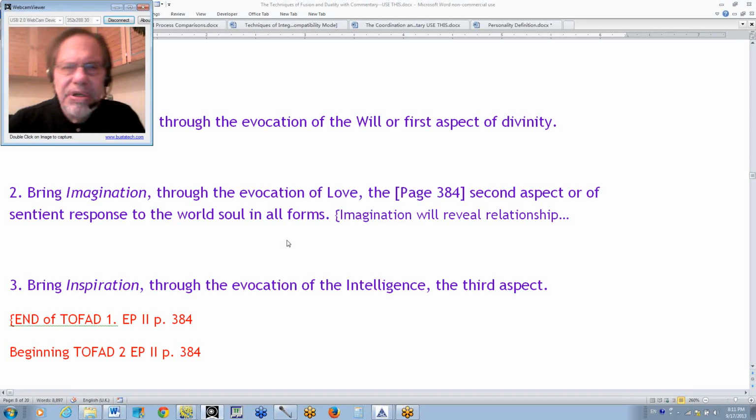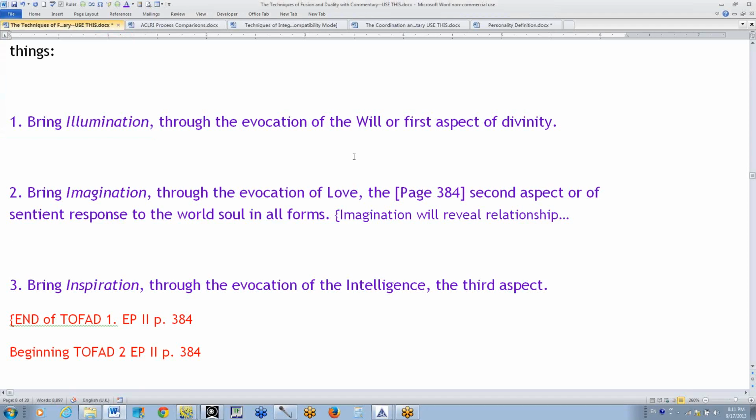I'm speaking of the vertices of the interactive triangle of the first, second, and third ray, will, love, and intelligence. There's even a fusion going on within this foundational triangle, as the various points are each related to the next.